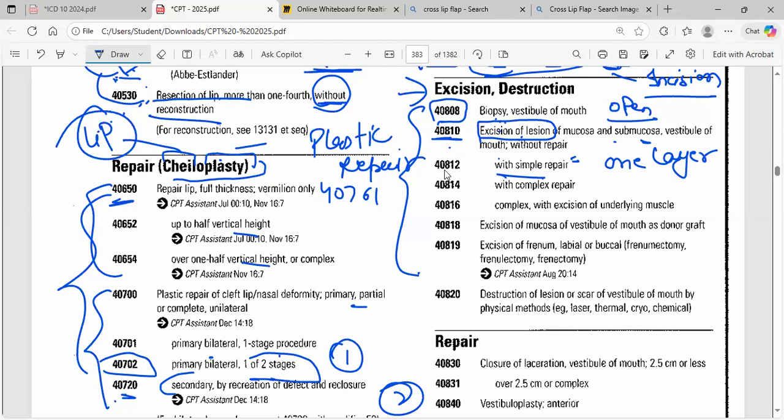If it requires only one layer closure, we are going to consider it simple repair. If more than one layer closure is required, then we are going to consider it complex. And if more than one layer is there and there is also an underlying muscle excision, we are going to consider it 40816.